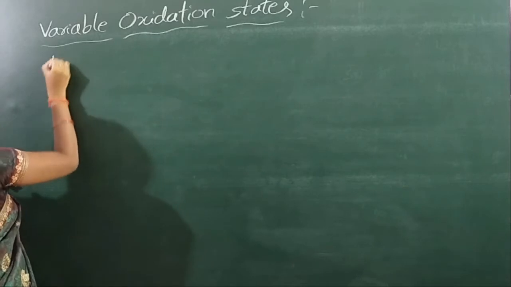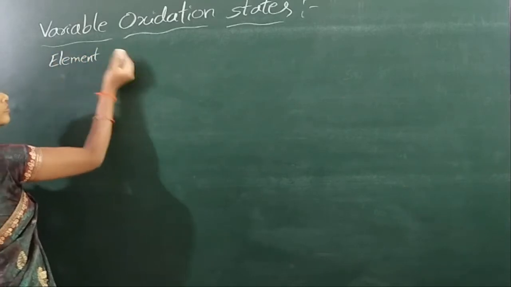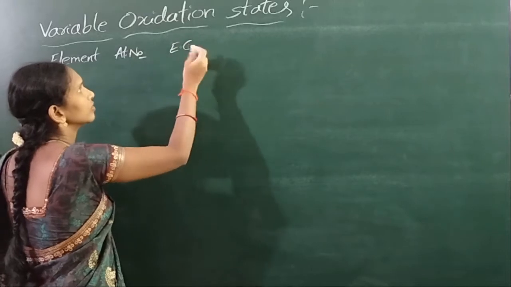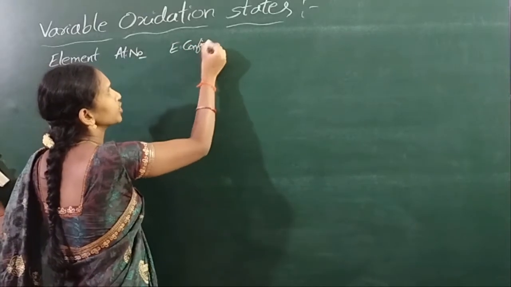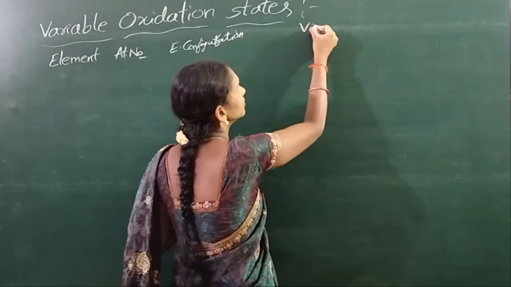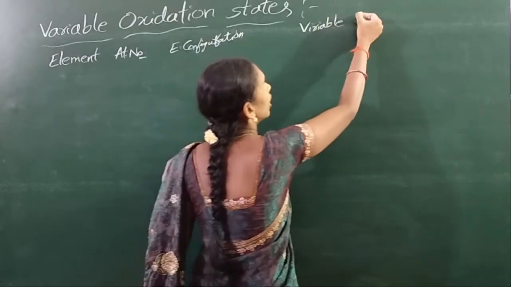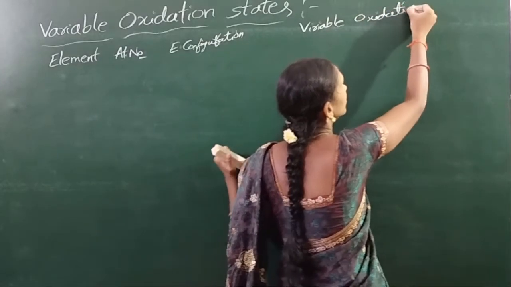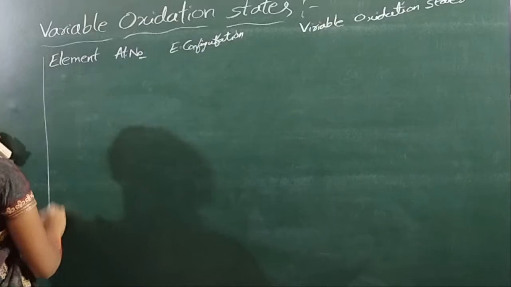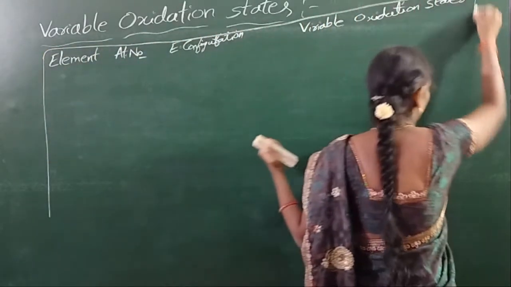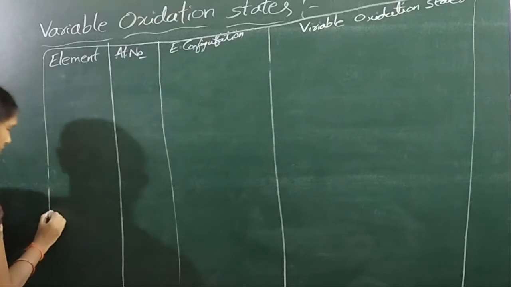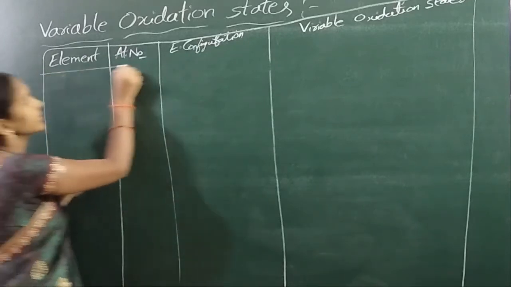Here: element, atomic number, electronic configuration, and then finally variable oxidation states.